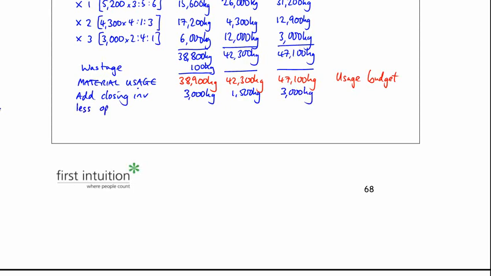Deduct opening inventory, which was 6,800, 4,200, and 8,000. That will give us our purchases budget.